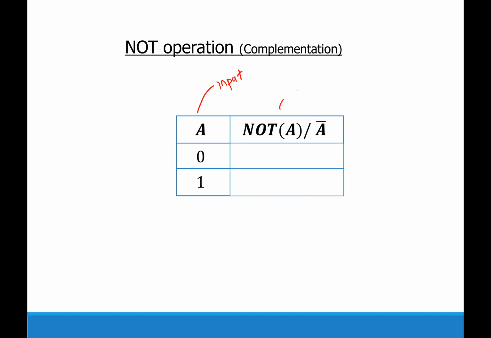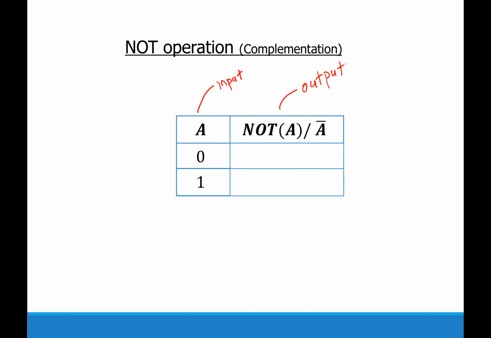And also in the truth table, we represent the output of that input related to the operation. In that case, here we have the NOT operation, okay? Can you complete this table? This is very simple, okay? Can you complete this one?